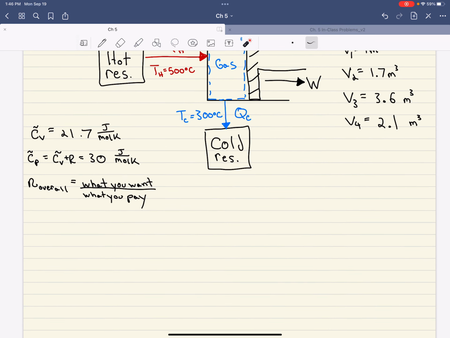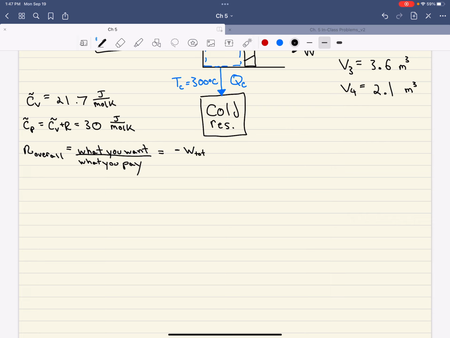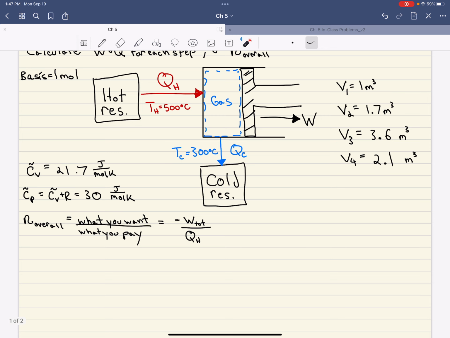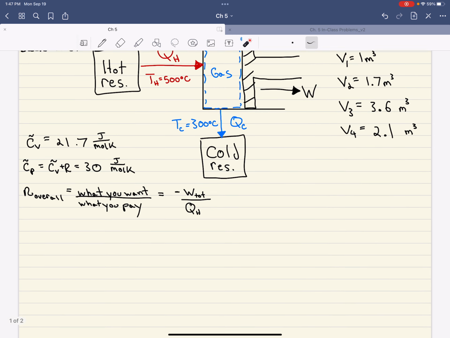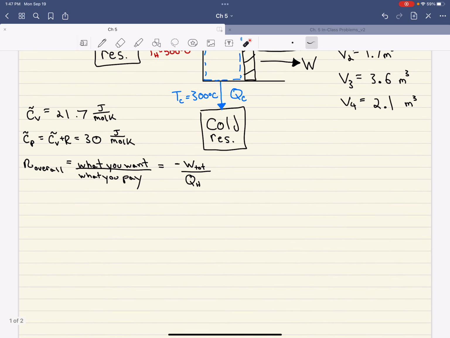And so in terms of things we're going to calculate, essentially this is going to be the overall work we get out of the system divided by the heat we have to give. And this negative here just accounts for the fact that the net work that we want is going to be leaving the system. This is just a reminder of the generic definition of what efficiency is.